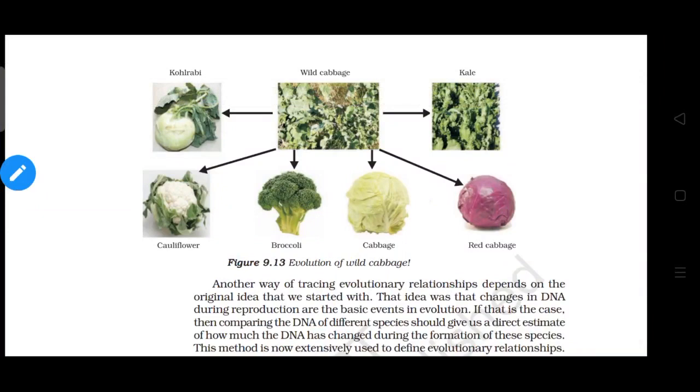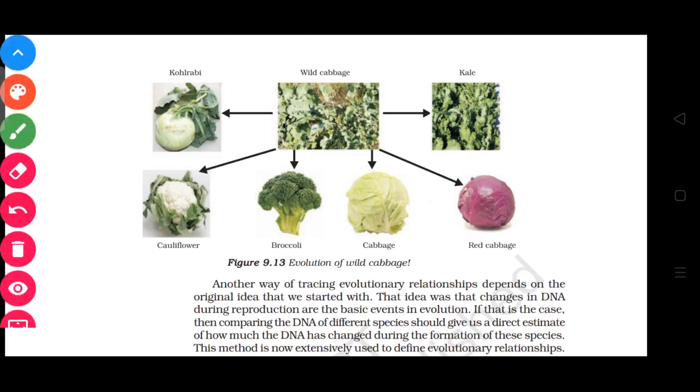Then we will see other organisms can influence the variation or evolution of a different organism. In case of wild cabbage, this is the wild cabbage. Due to some variation, first there was a cabbage like this.